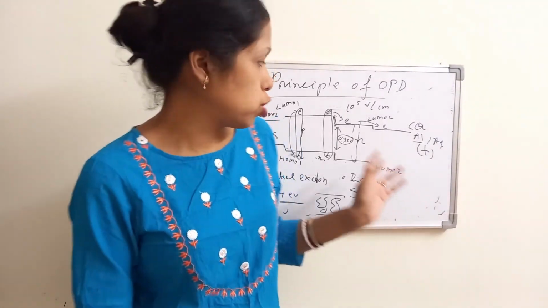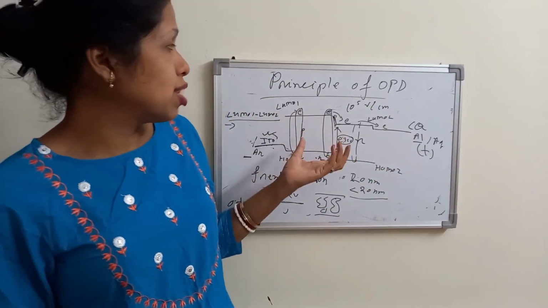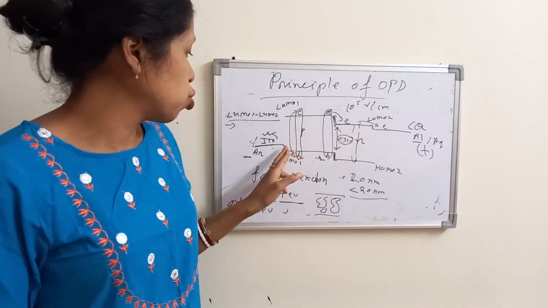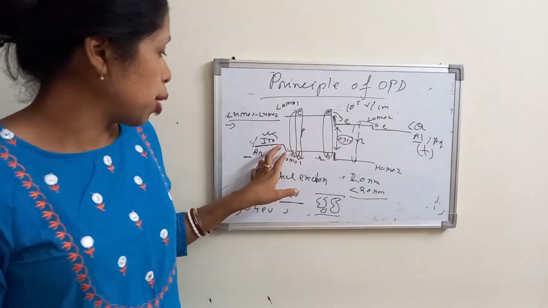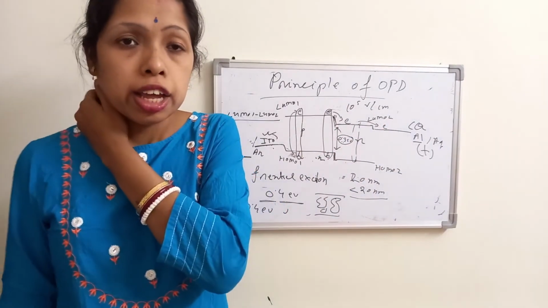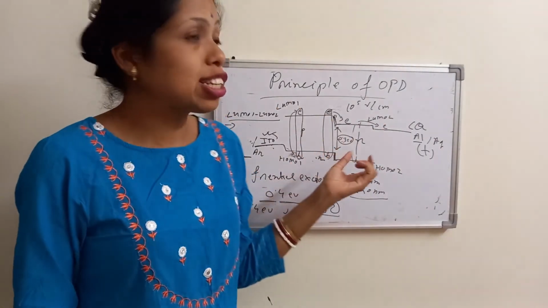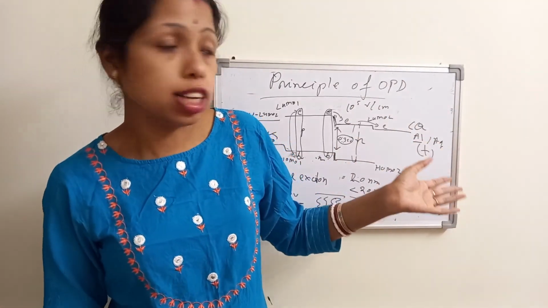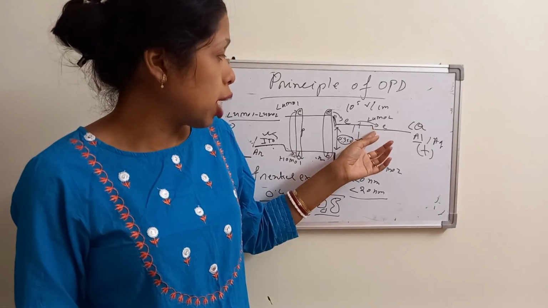So this is the main principle of the organic photodetector. For improvement of the performance, if this gap is more and this gap is more, we have to use another interfacial layer. Suppose I have chosen an organic semiconductor that has other good properties, but the gap is more.